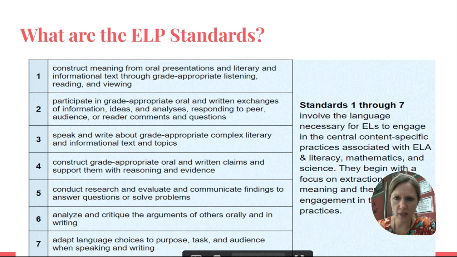Like number 1 says construct meaning from oral presentations and literary and informational text through grade appropriate listening, reading, and viewing. So this can be used in every content area class. Students are constantly listening to you and to other students when they're presenting information. And this is just making sure that they're connecting and constructing meaning from the vocabulary from your content area classes that is grade appropriate.